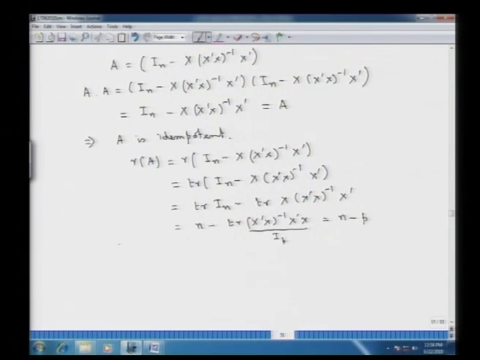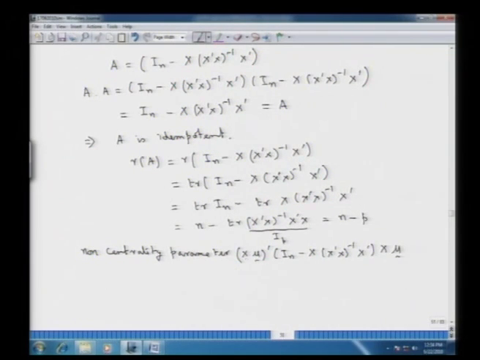Now, what happens to the non-centrality parameter? We were supposed to have the non-centrality parameter as the following. The non-centrality parameter was X mu transpose A X mu, that is mu transpose X transpose (I_n minus X (X transpose X) inverse X transpose) X times mu.